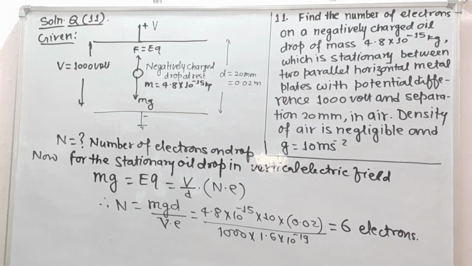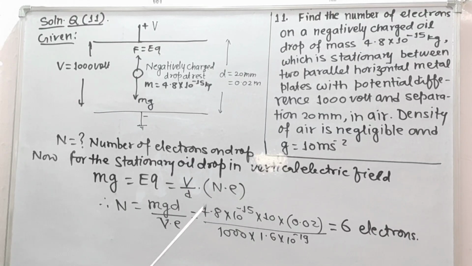Now the drop will be stationary only when the vertical electric force F, equal to E into Q, is equal to the downward weight mg, where Q is the charge on the drop. So for the stationary ion drop in vertical electric field, mg must be equal to Eq, E is equal to V by d and Q is equal to Ne, which gives N as mgd upon V into e.